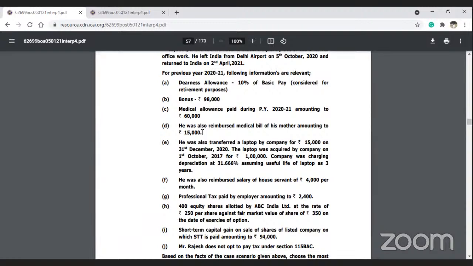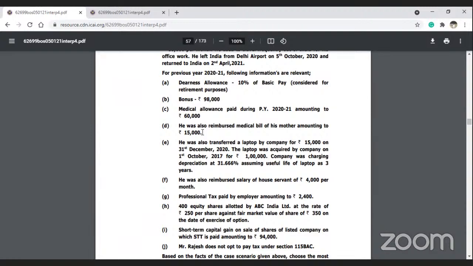So that comes to 12,500. For laptop, it will be 12,500. What calculation are you doing? 1 lakh into 50% into 3, how can it be? No, 50% for 3 years.